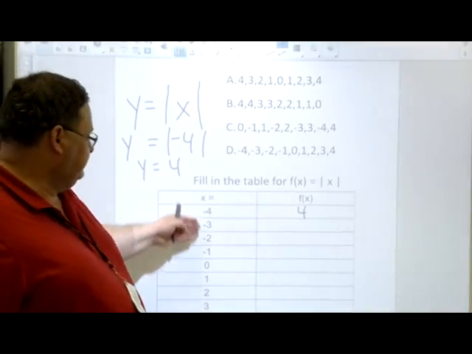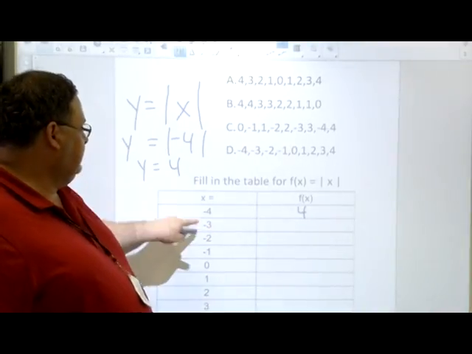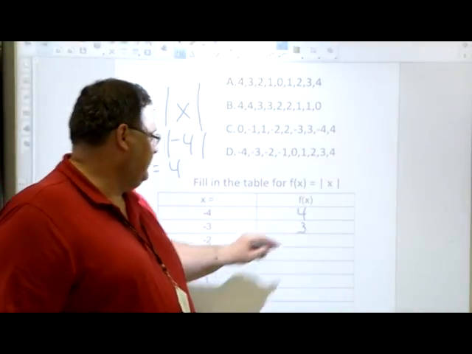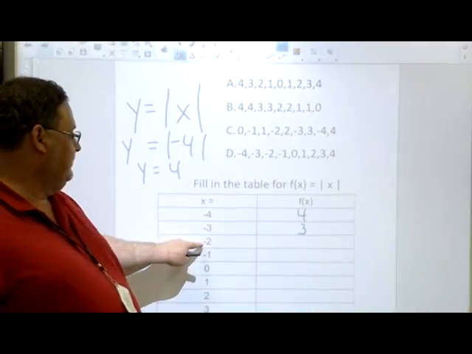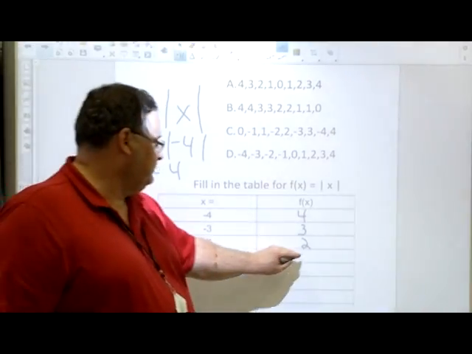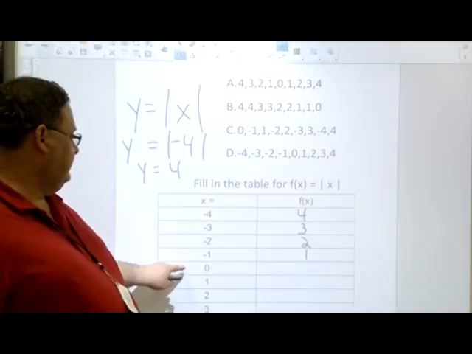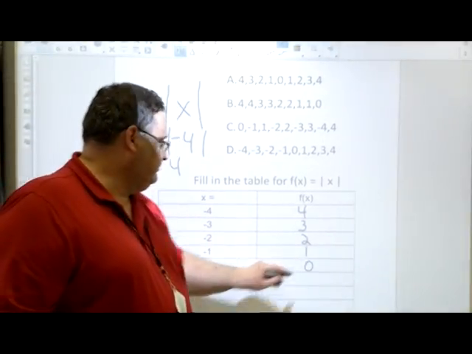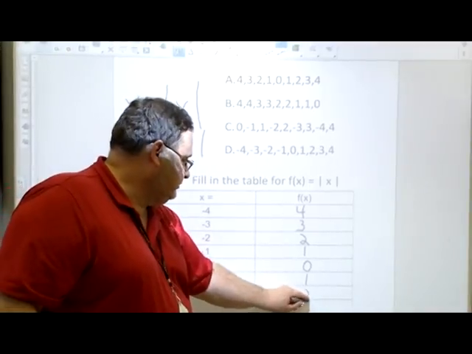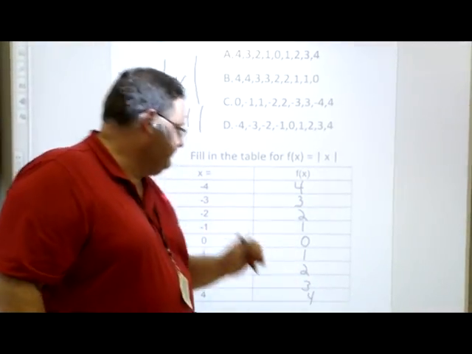Okay? And then we would just put every value of x in. So what is the absolute value of -3? 3. The absolute value of -2 is 2. The absolute value of -1 is 1. The absolute value of 0 is 0. The absolute value of +1 is 1. And again, 2, 3, and 4.